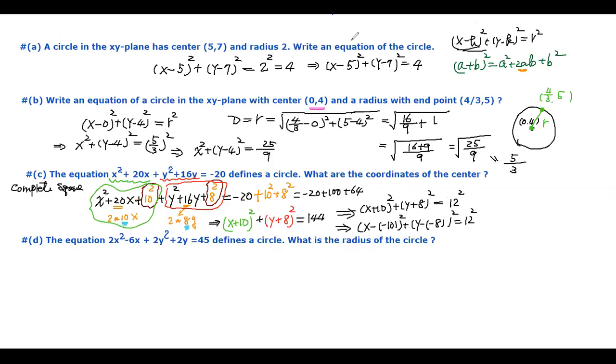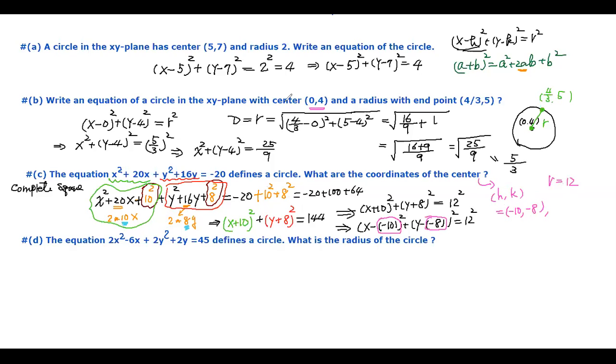So now I know, this is my h, this is my k, right? So the center (h, k) is equal to what? Negative 10, negative 8. And the radius is what? The radius is 12.